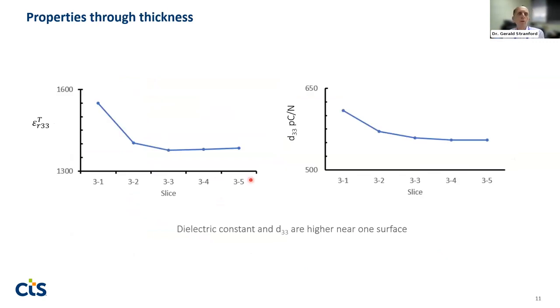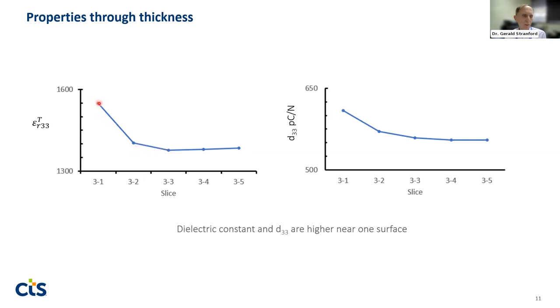After electroding and poling, we took a look at the properties of the material, and we see that slice 3-1, which shows the least amount of tetragonality, has the highest dielectric constant and the highest D33 coefficient. But then as we look at the other 4 slices, we see they've declined a little bit.